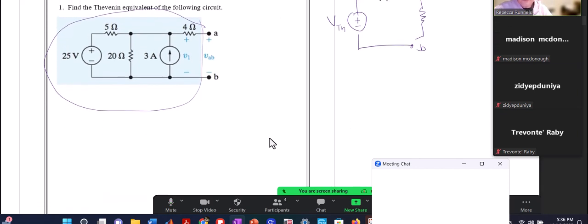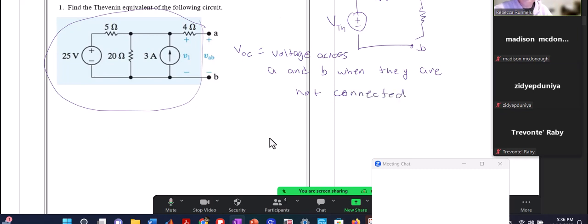So the first thing I do is I'm going to find V open circuit, the VOC. And what V open circuit is, this is the voltage across A and B when they are not connected.